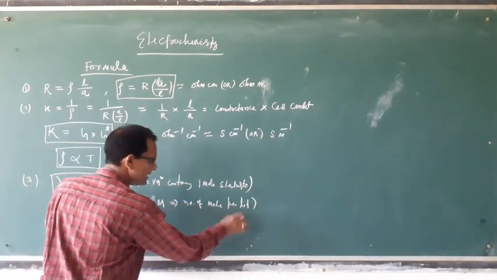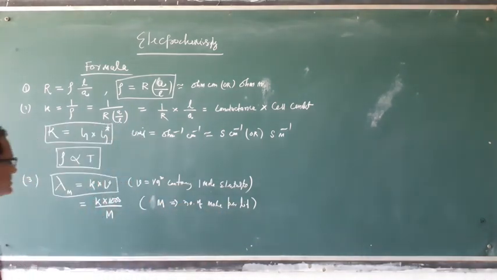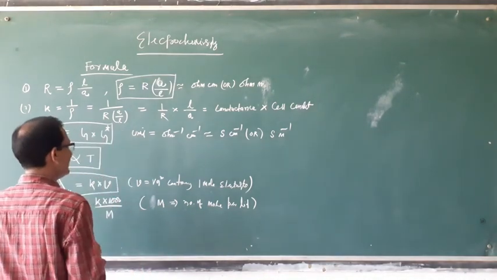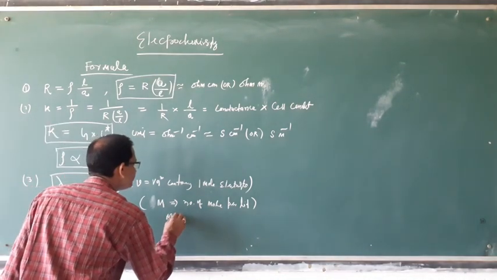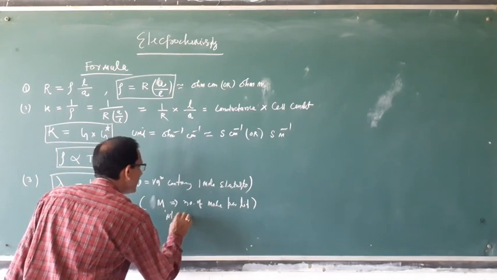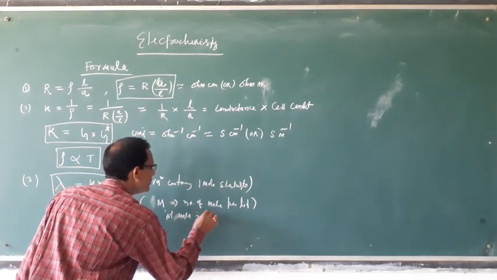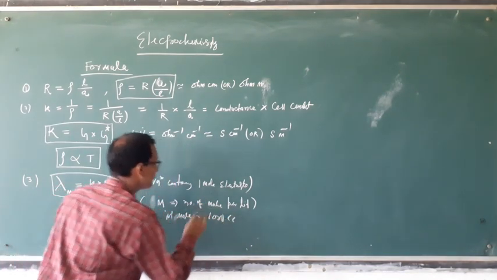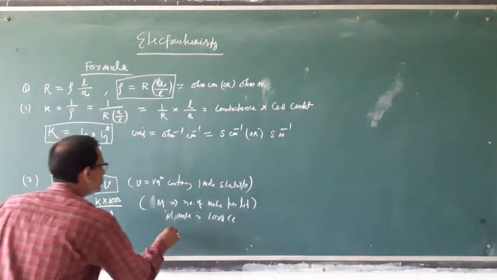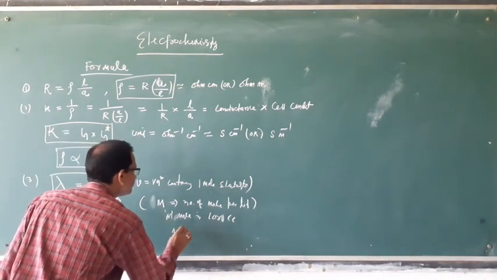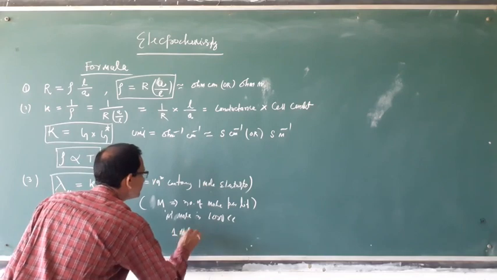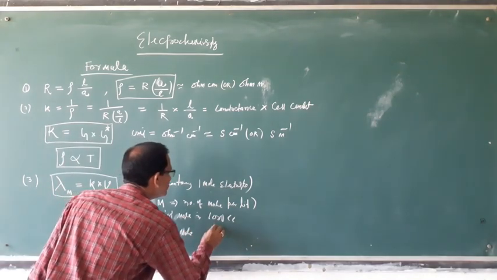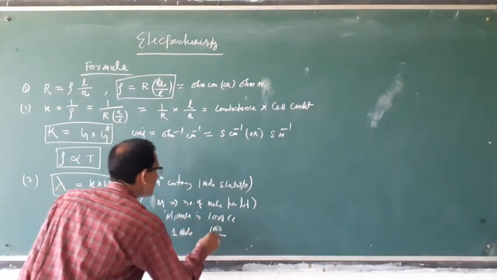Suppose M moles are present in 1000 cc. So 1 mole will be in 1000 upon M.